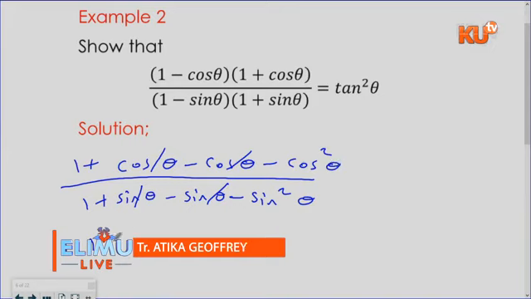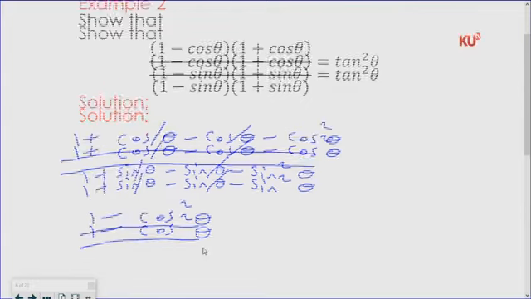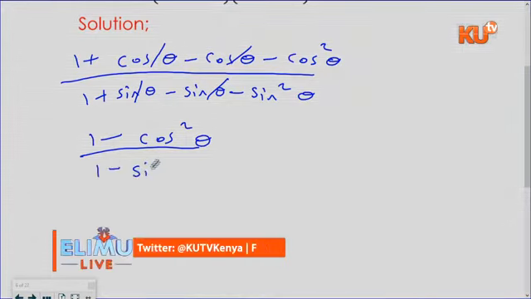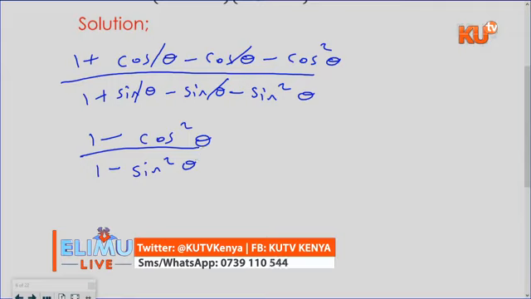So the overall sign will be minus cos squared theta over 1 minus sine squared theta.